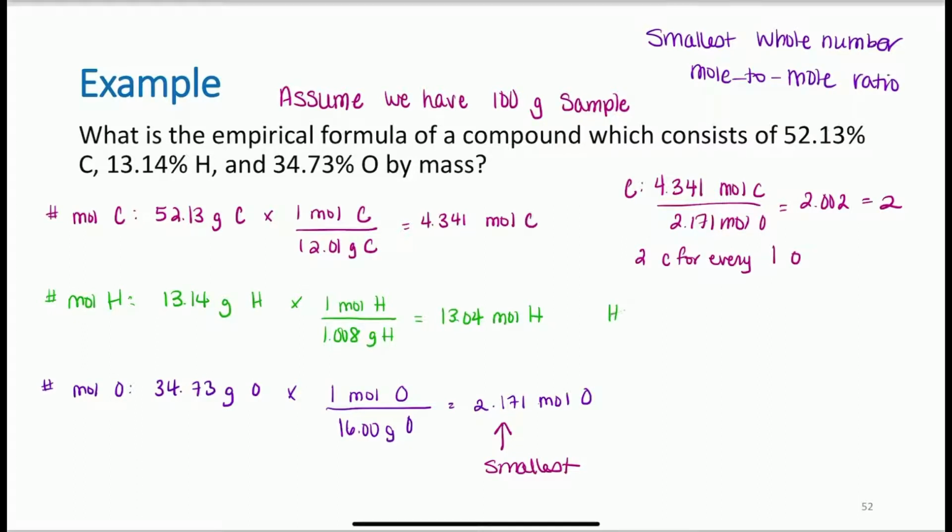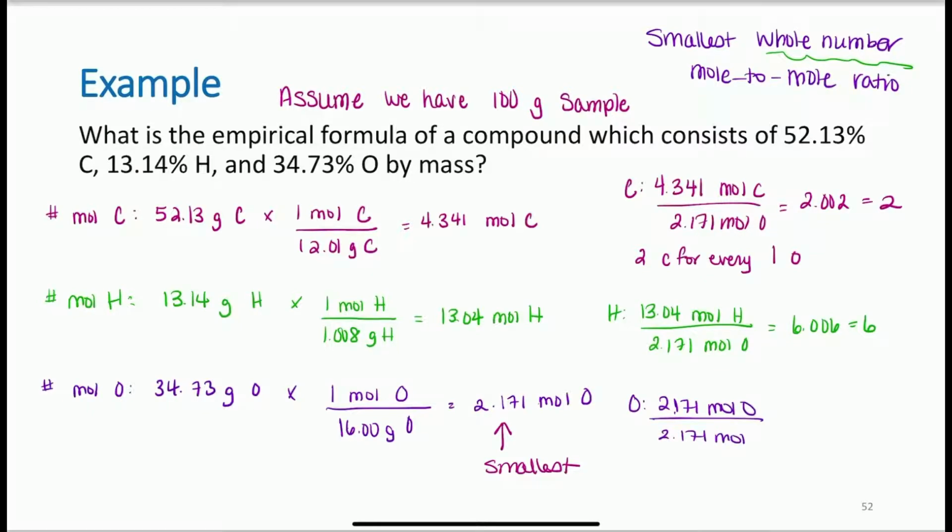Do the same thing for hydrogen. 13.04 moles of hydrogen divided by 2.171 moles from the oxygen gives me an answer of 6.006, which I'm going to round to 6 because I need whole numbers here. And lastly, for oxygen, of course, 2.171 moles of oxygen to 2.171 moles of oxygen gives me 1.